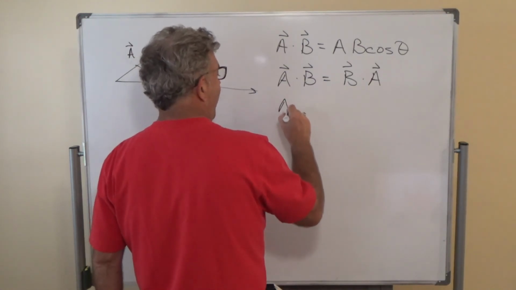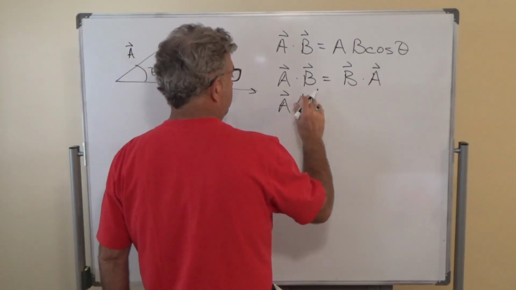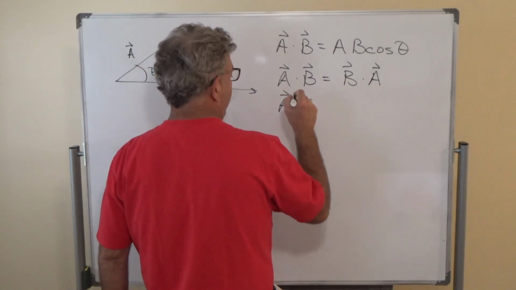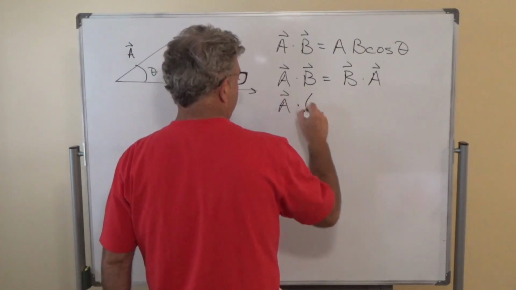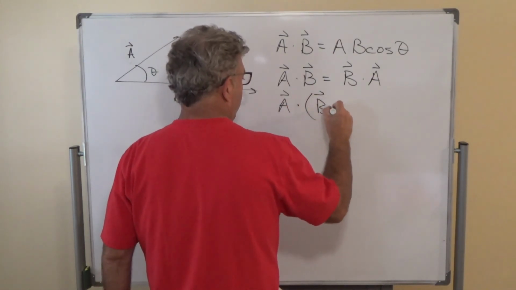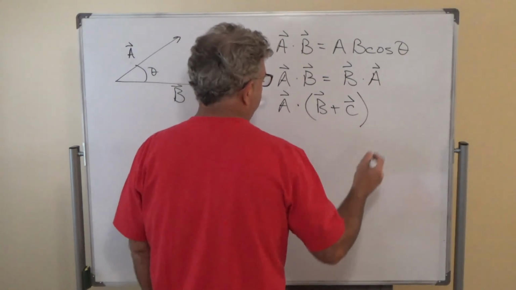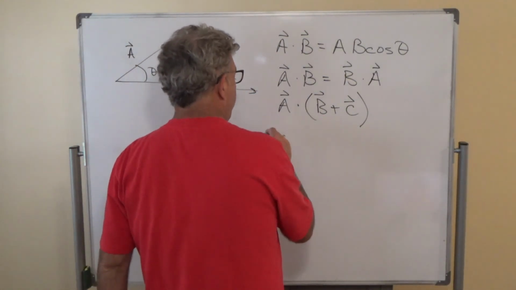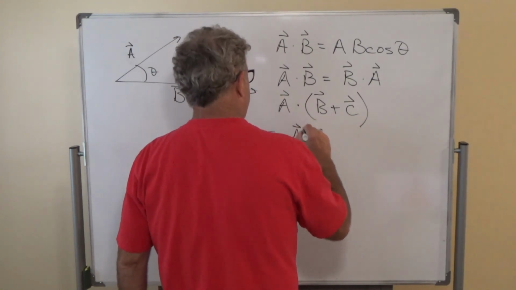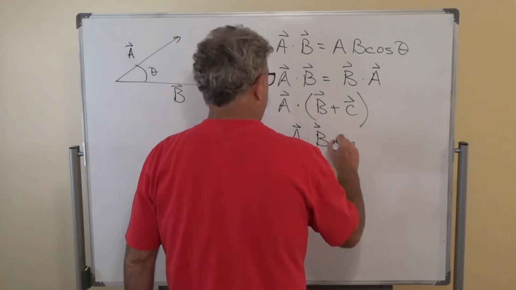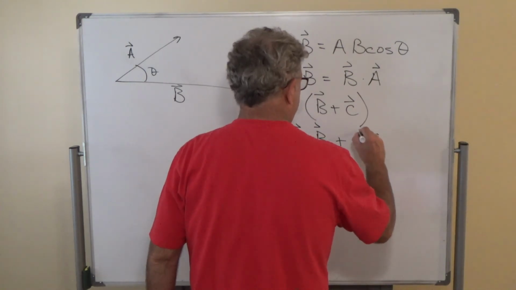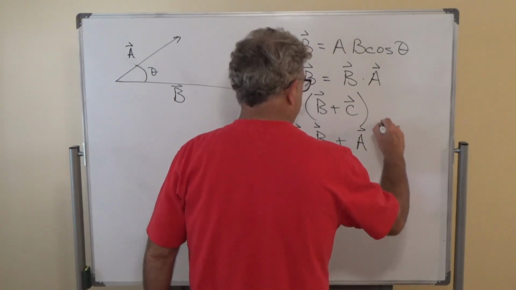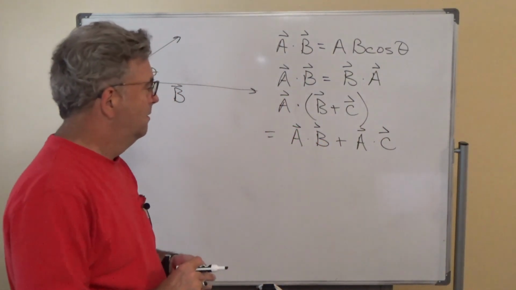If you have A dot (B plus C), this will distribute just like you would expect. That's A dot B plus A dot C.